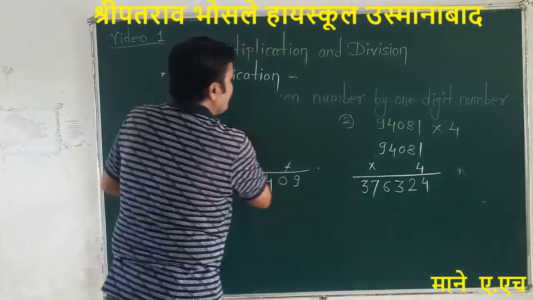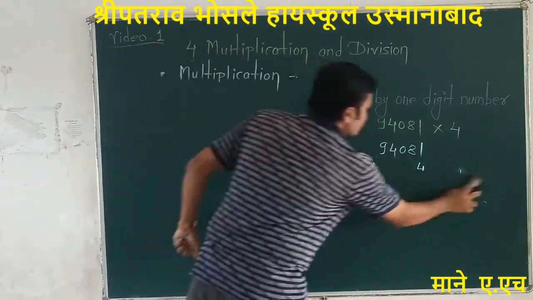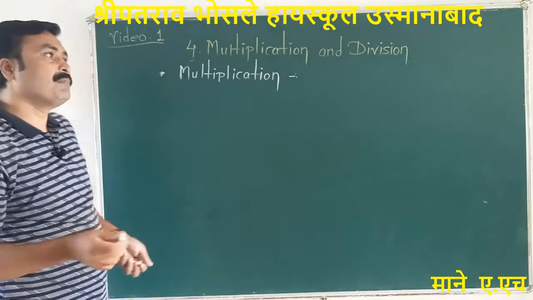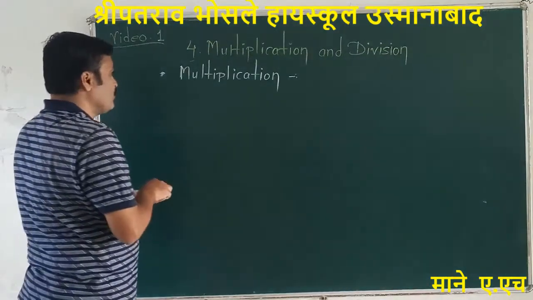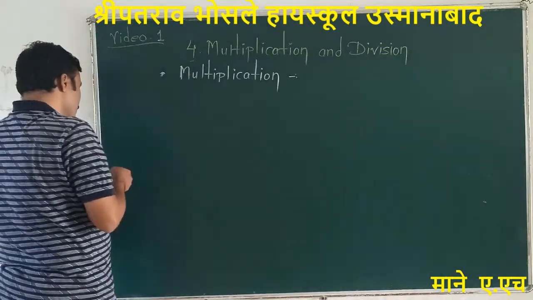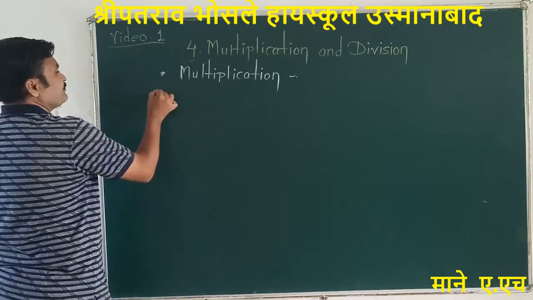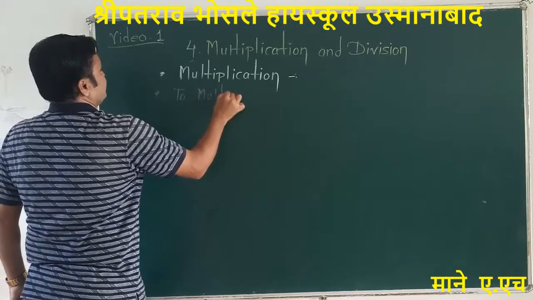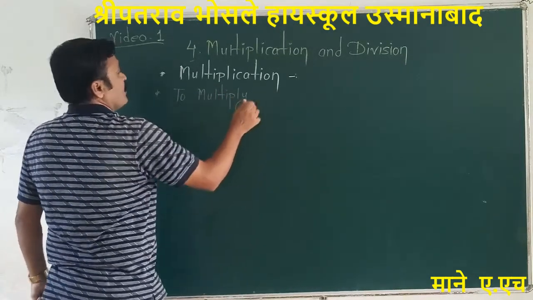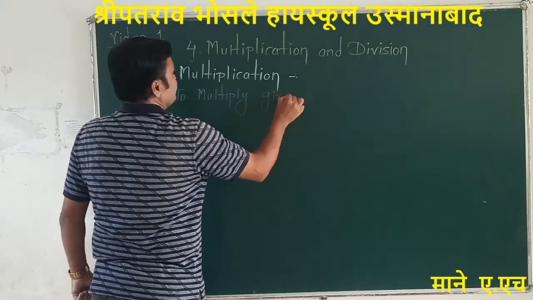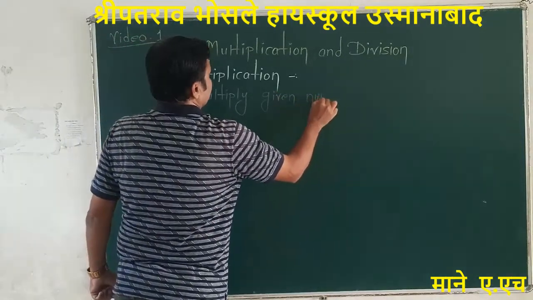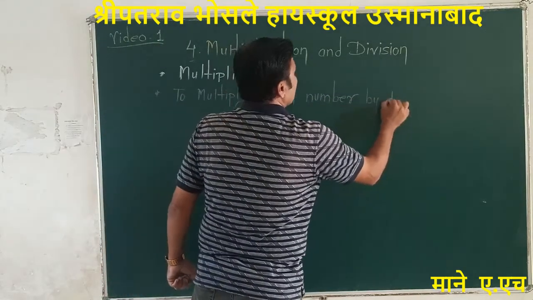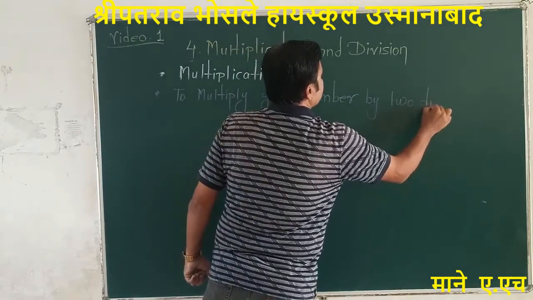When we come to the fourth standard, in the same fourth standard we continue the multiplication process, that is, to multiply a given number by two-digit numbers.